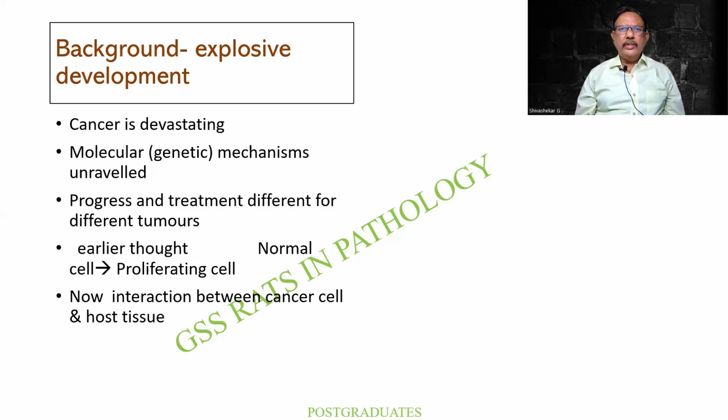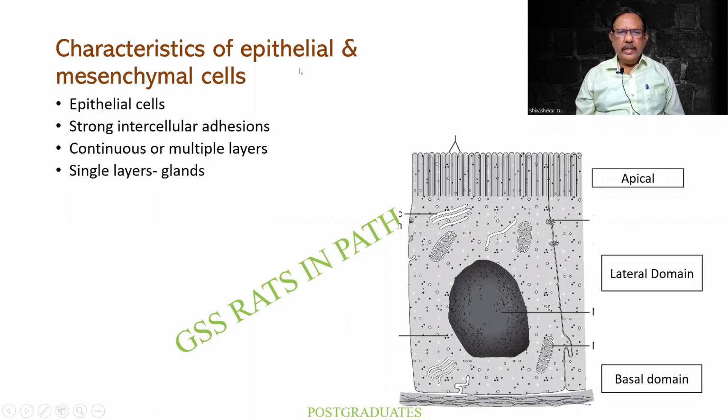It was earlier thought that normal cells become proliferating cells. Now it is not so simple. There is an interaction between the epithelial cell, the cancer cell, and the host tissue, and this matters more. Now, what are the characteristics of the epithelial and the mesenchymal cells?